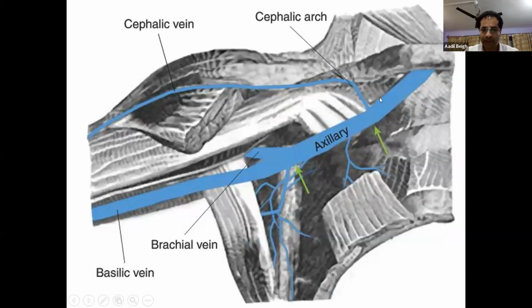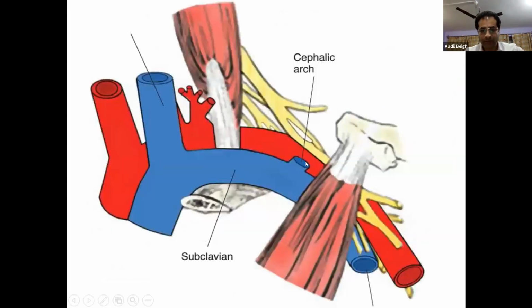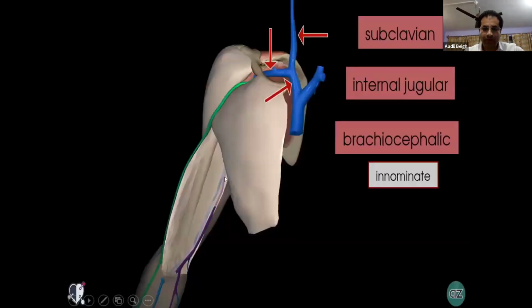So at the point the cephalic vein joins the axillary vein, after that there's a formation of a subclavian vein. So this is the subclavian vein, which is joined by the cephalic arch. And then the subclavian vein is joined by the internal jugular vein and forms the brachiocephalic vein on both sides.